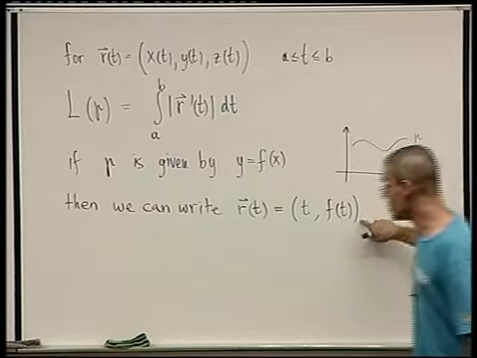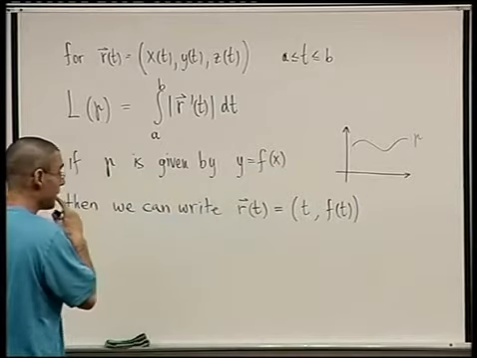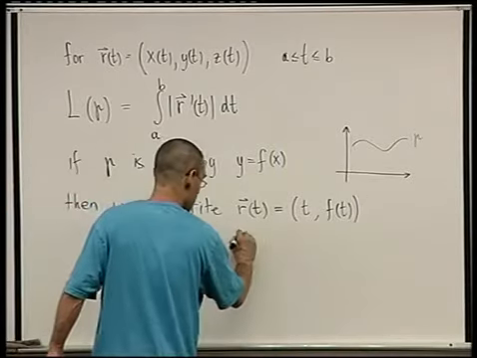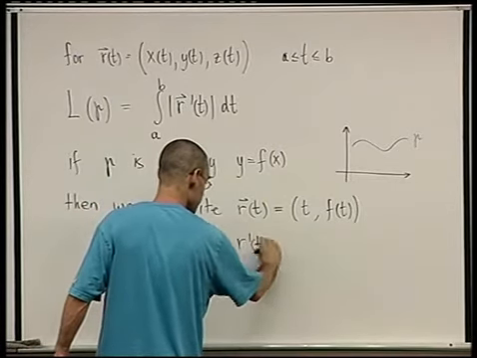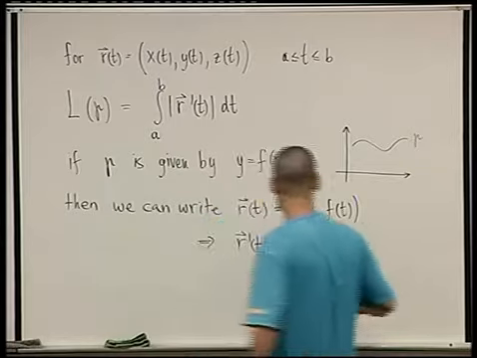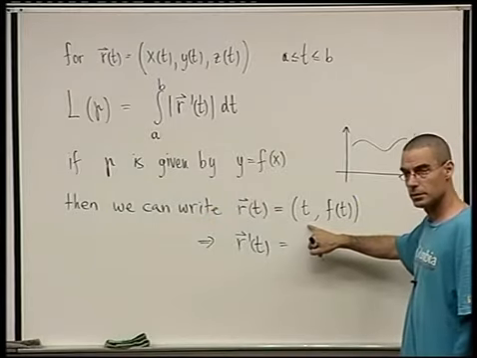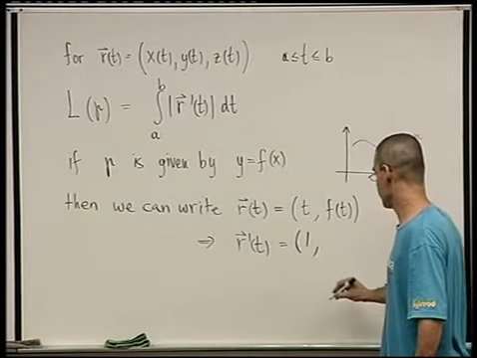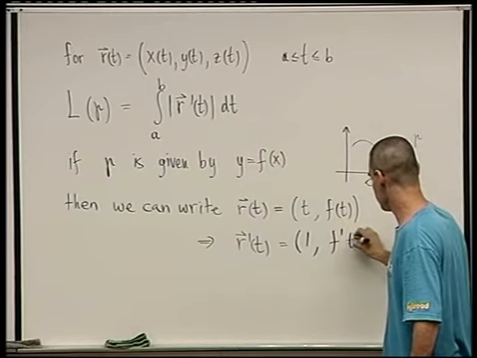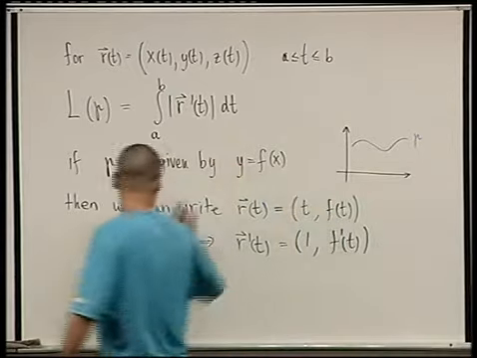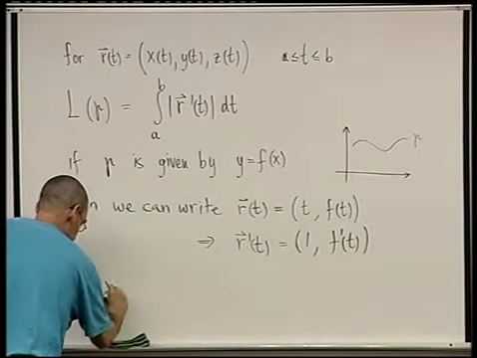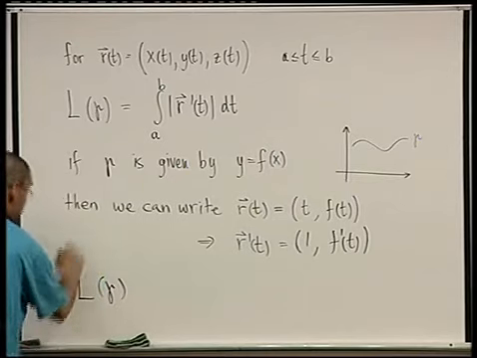So if this is the situation, let's see what we get. What is r prime of t in this case? R prime of t is what? 1, f prime of t. Do you agree that this is r prime now? And what would we get for the formula of the length of a curve in this situation?